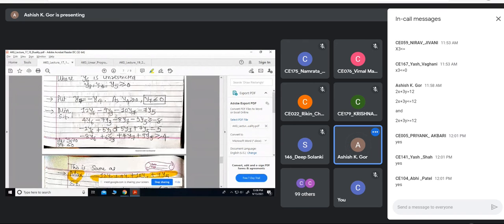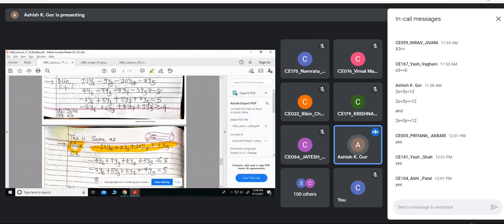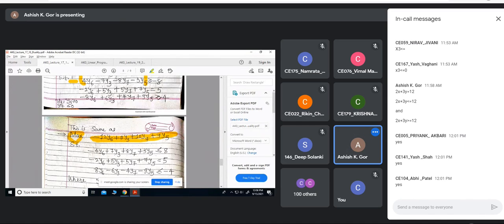Okay, and for the constraints, in the first constraint I negated both the sides so that I get positive. So the sign of greater than or equal to will become less than or equal to: minus 4y6 plus 7y3 plus 8y7 plus 3y5 less than or equal to 8.